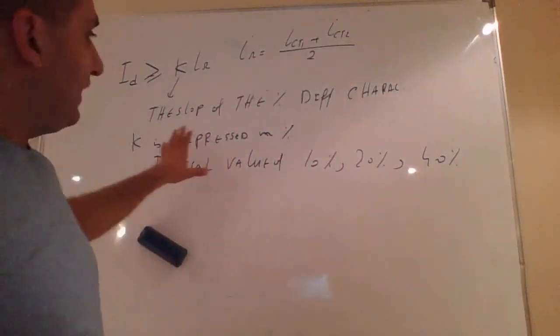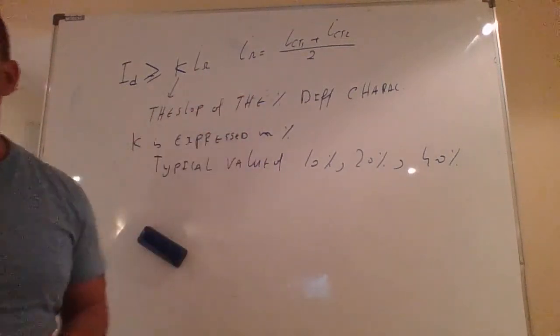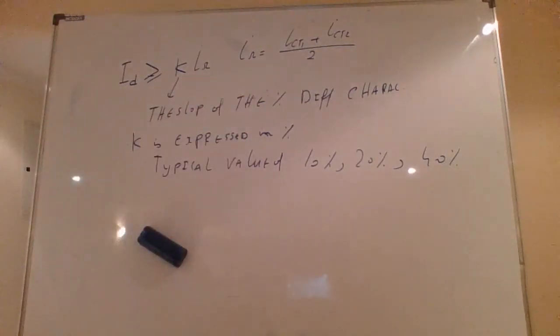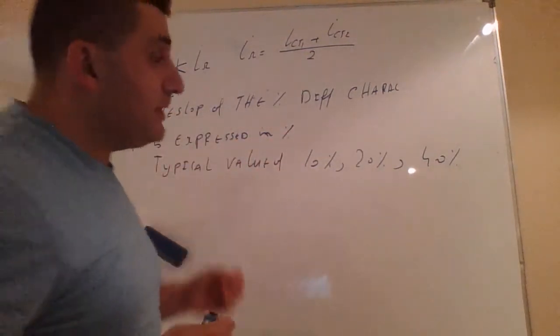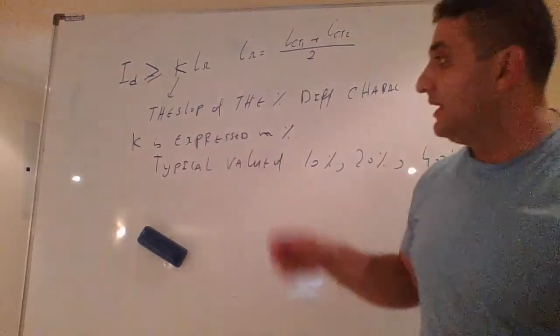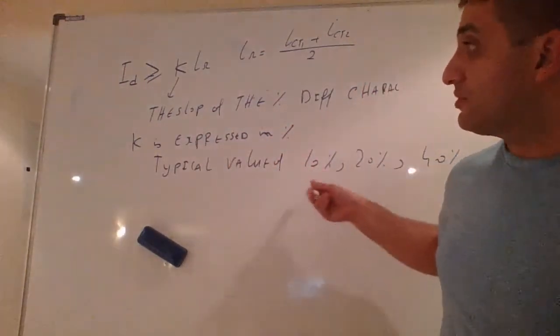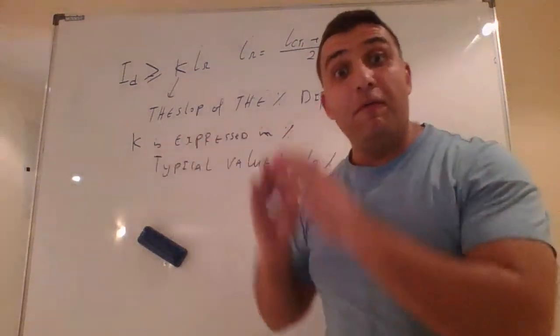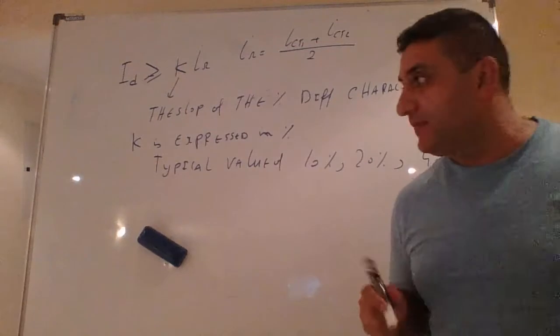These are the typical values for K, the slope of the percentage differential characteristic. It's worth noting that a relay with 10% slope will be way more sensitive than a relay having 40% slope.